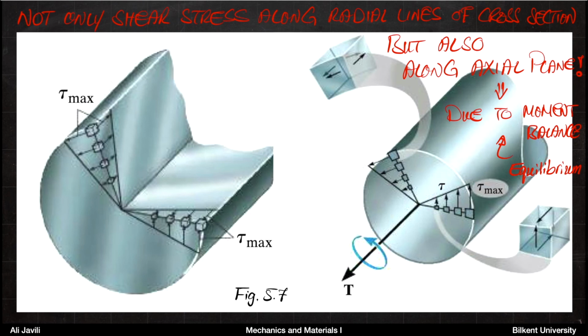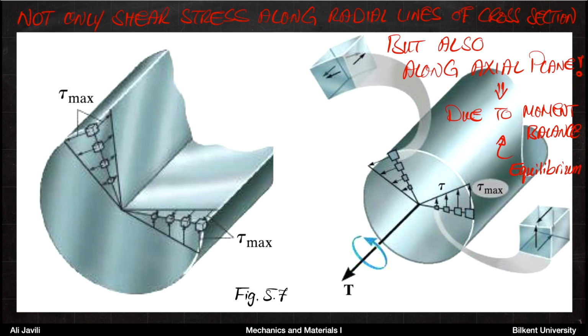But if you cut that piece and you look at what happens to those little cubes, you can actually imagine that because of what we discussed before, if you have a shear stress in this direction on a cube, you need to have one also on the other side. Okay, so you get also a shear stress in the longitudinal direction, not just on the cross-sectional area itself.